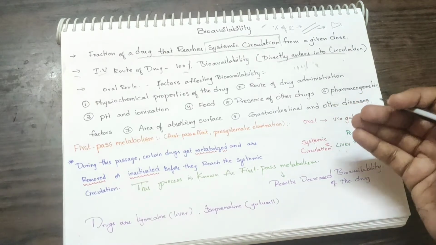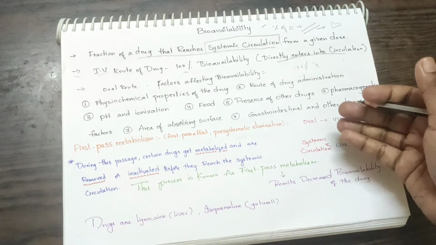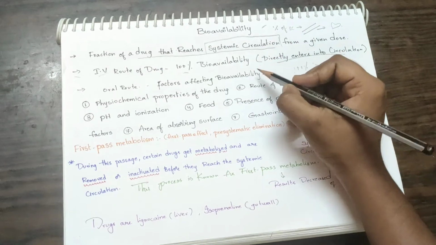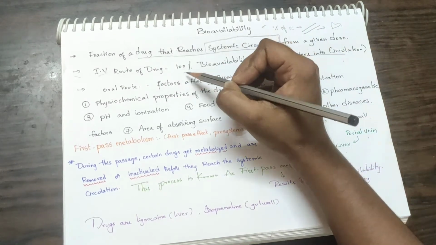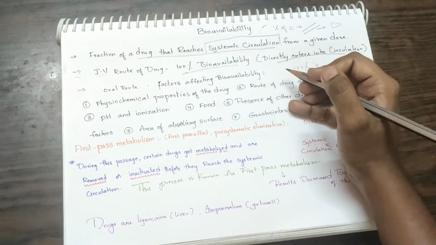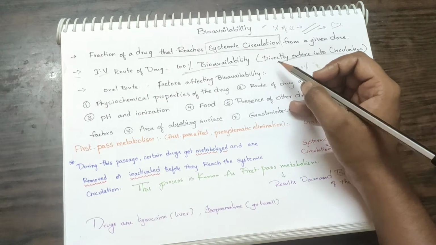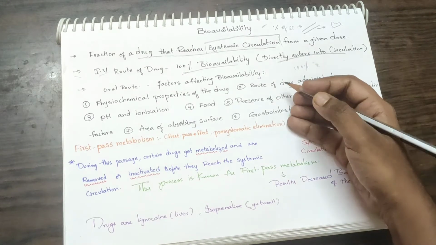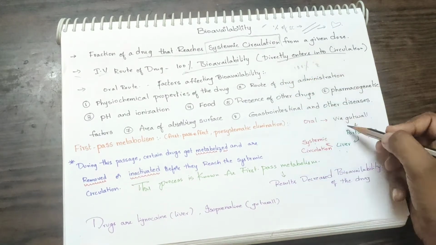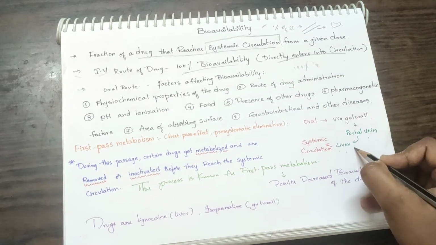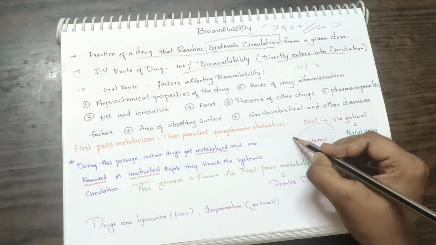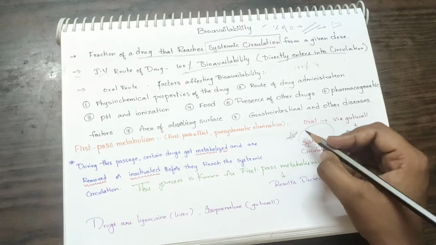It undergoes first pass metabolism, so there is a decrease in the fraction of drug. For the oral route of drug administration, we have to count the bioavailability, meaning the availability of the drug to the systemic circulation. In these steps, how much of the drug enters the systemic circulation is called the bioavailability.